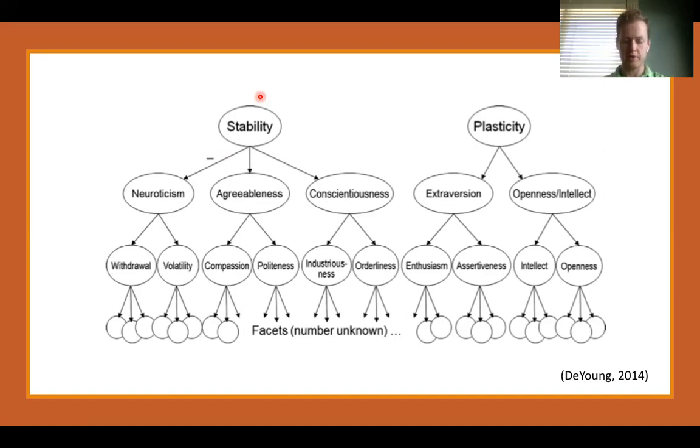So you want your goals, interpretations, and strategies to remain stable. Plasticity, an important distinction here: the opposite of stability is not plasticity, the opposite of stability is instability. The opposite of plasticity is not stability, it is rigidity.